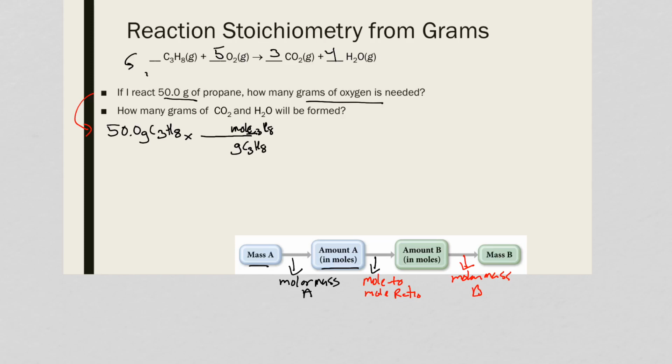So we have 3 times 12.01 grams for the carbon, plus 8 times 1.01 grams for the hydrogen, and that calculates to 44.11 grams per mole of C3H8. So 1 mole is equivalent to 44.11 grams. Now, when I do this calculation, that's going to cancel out my grams.